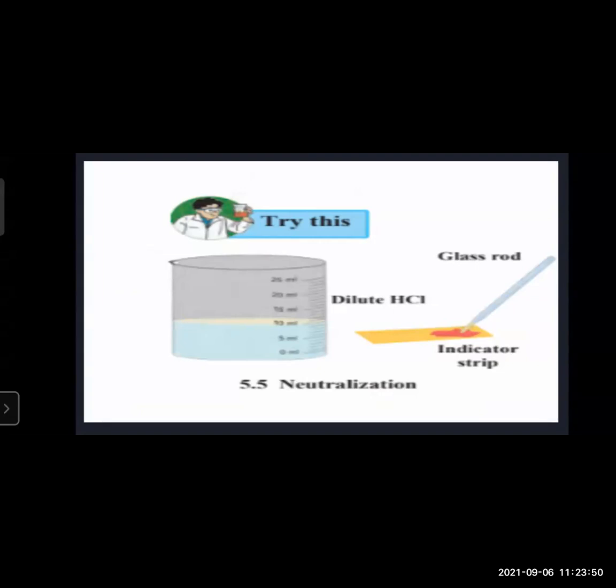Therefore, it is a diluted solution, and the acid was taken as HCl. Indicator strip. This is a pH indicator only. When you mix the solution, this is the glass rod, and you take that particular solution, you check on the pH paper, you come to know by the color shown on the pH paper that the particular solution is acidic.